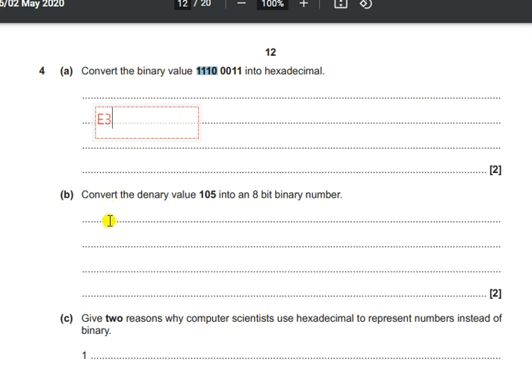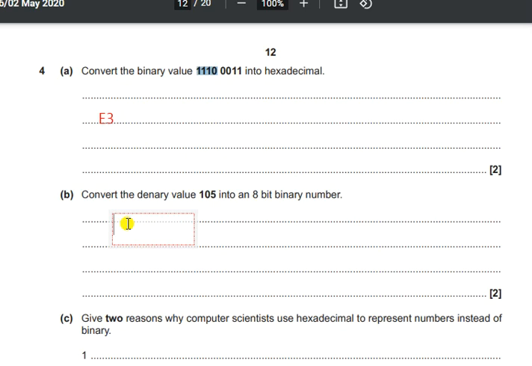Then we are asked to convert the denary value 105 into its equivalent binary number. A denary number is nothing but a decimal number. We can find the binary number by dividing 105 by 2 repeatedly and recording the remainders.